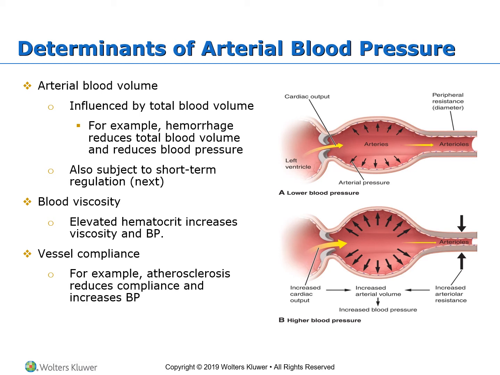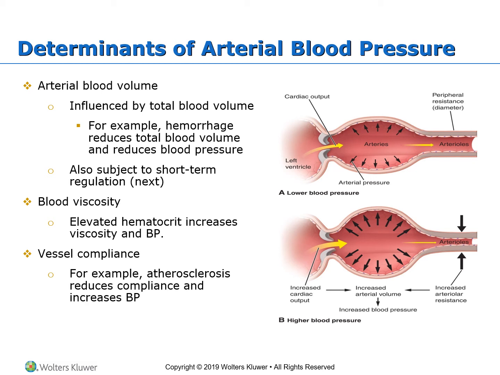In normal circumstances, the blood viscosity is constant and is determined by the amount of particles that are dissolved or transported in the fluid part of the blood. However, whenever we have loss of red blood cells, as in an anemia patient, or loss of plasma protein, that will decrease the number of particles, and as a result of that, the viscosity will be lower. And as a result of that, the blood pressure will be lower.